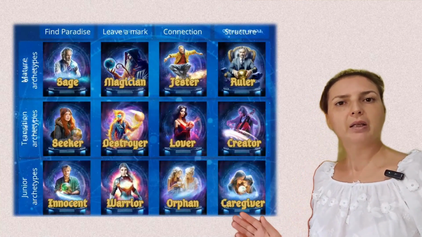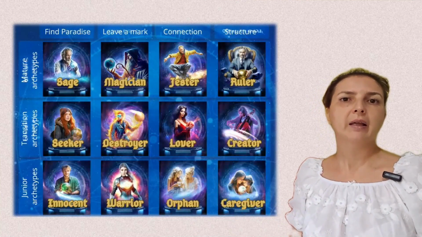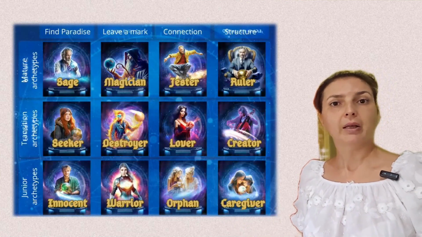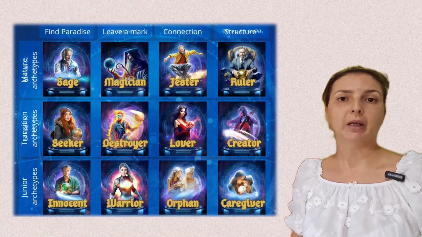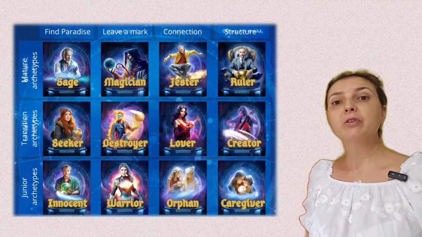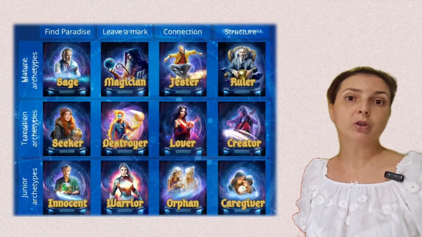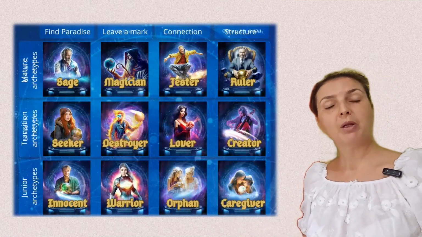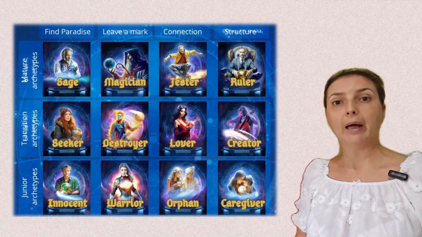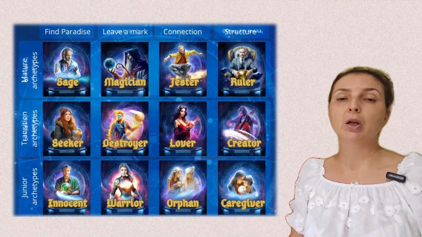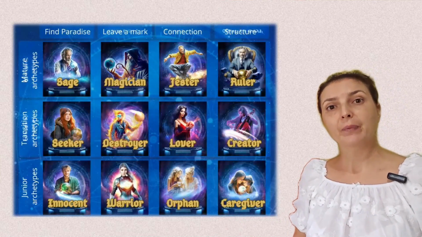Next comes the caregiver. A child sees their parent care for others and starts mimicking that, caring for toys, helping at home. The caregiver's desire is to create comfort for a person or a group, a family, for example. In adulthood, this can turn into codependency or self-neglect.